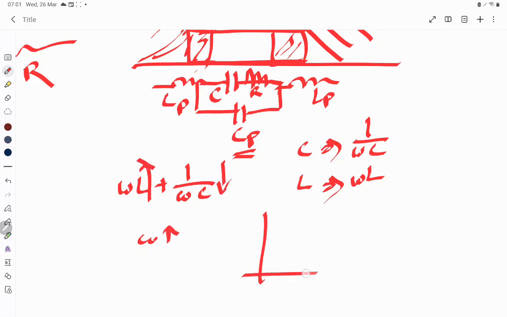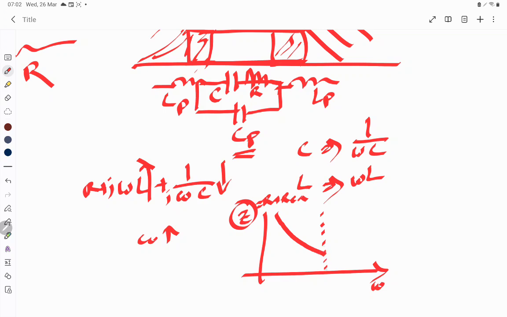So if you are dealing with a capacitor and you are increasing the frequency, and you look at the impedance, that is your resistance plus reactance, then at the lower frequencies your capacitive nature will be the most significant.